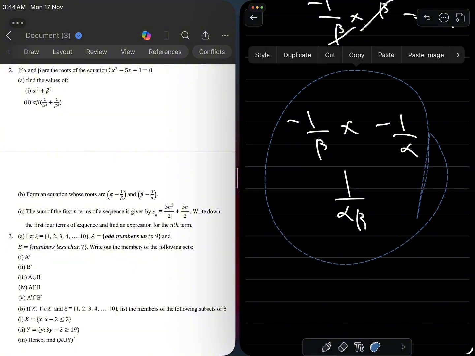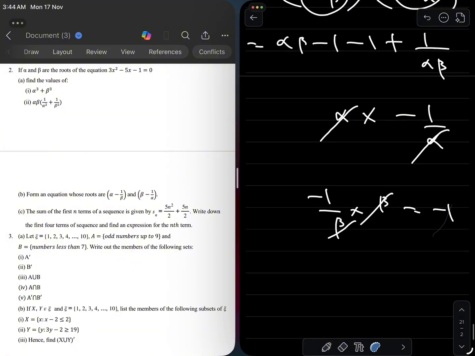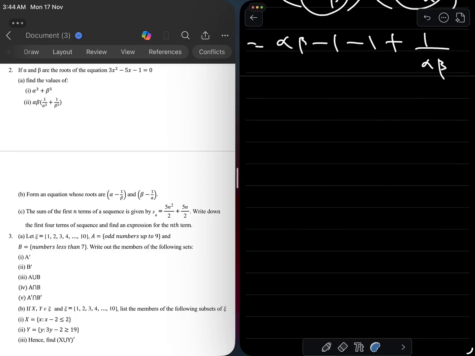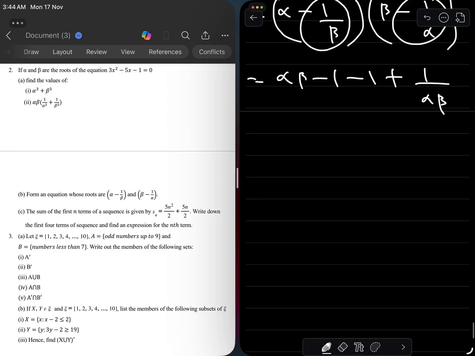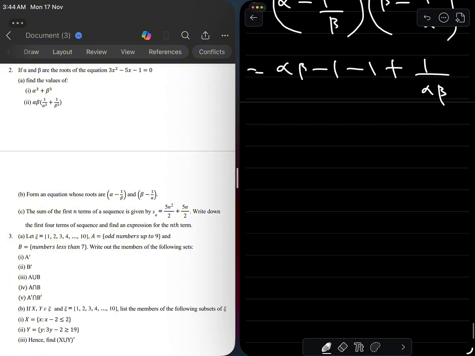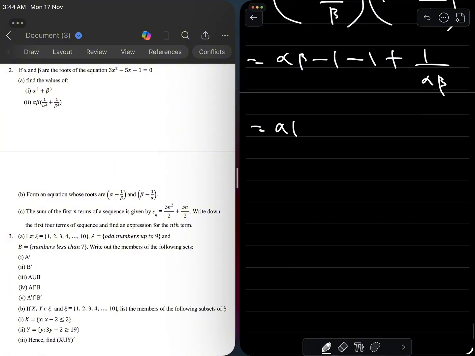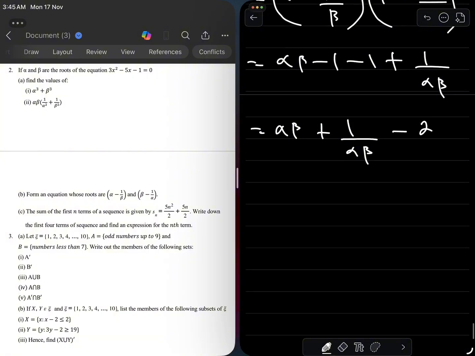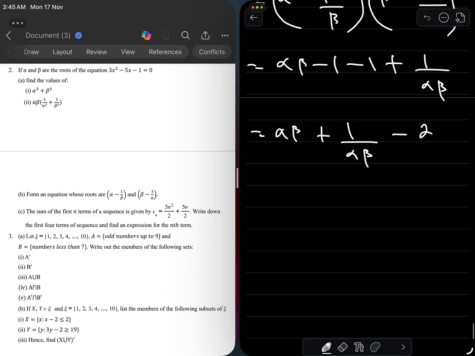Now, let's continue from there. You have to be very, very careful and make sure that you're not making mistakes. And that simply means, let me rearrange this way, alpha beta plus 1 over alpha beta minus 2. Minus 1 minus 1 is minus 2.